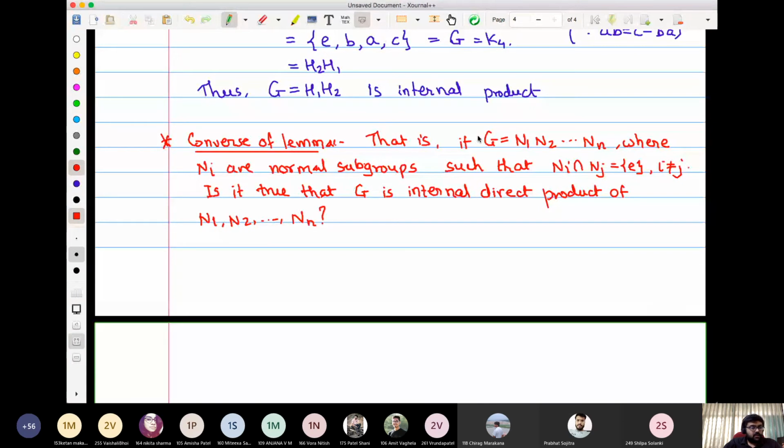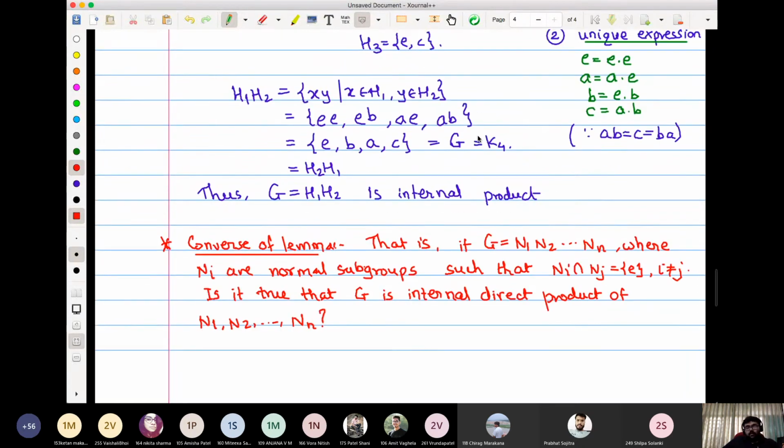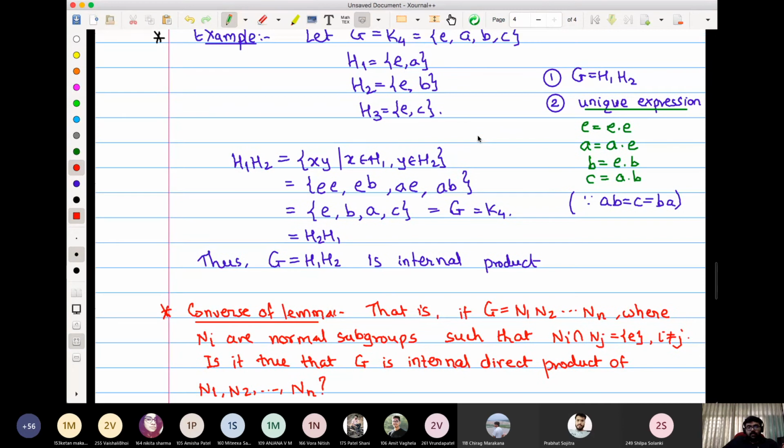Anybody, any idea? Any feeling? Yes or no? Yes, Shilpa. It seems it will be true, because the identity is the only common element in all of them, so we will get a unique expression. Okay, yes. The first condition is already satisfied. The normal subgroups are given, and G equals the product of them, that is also given.